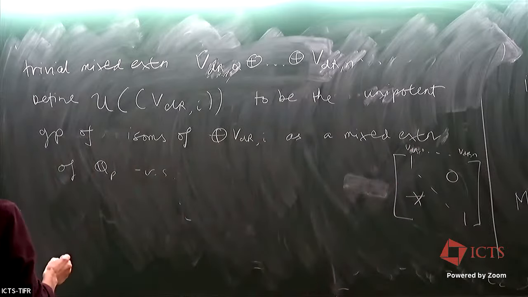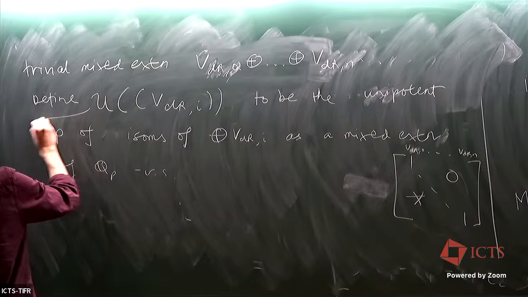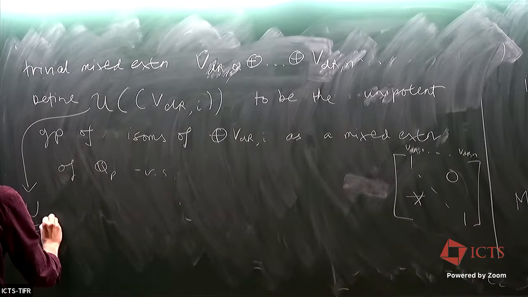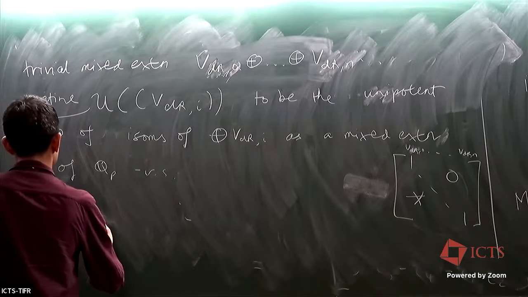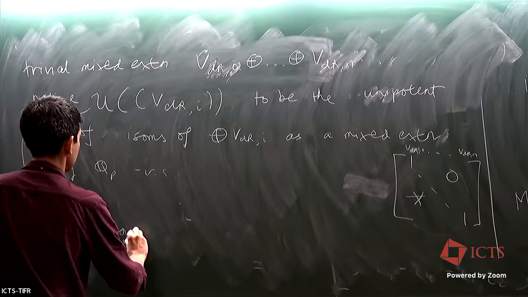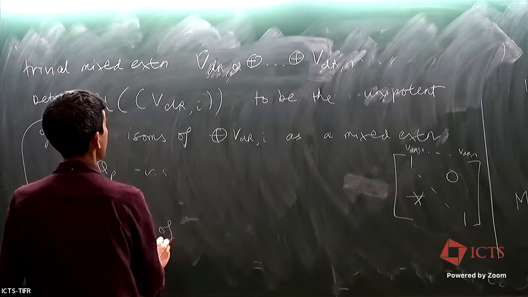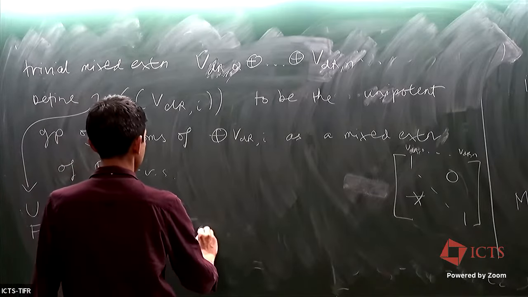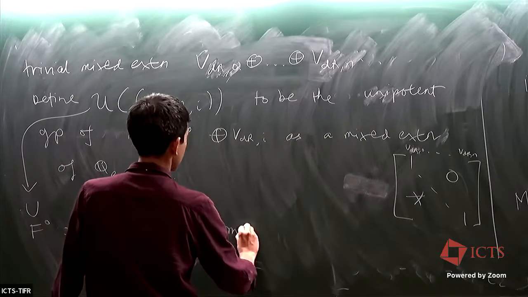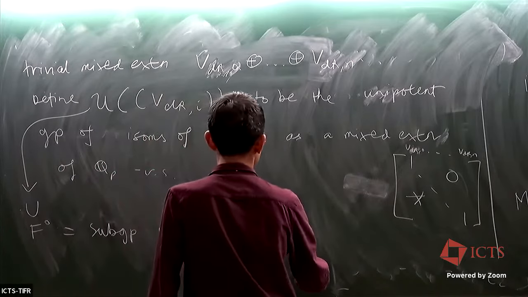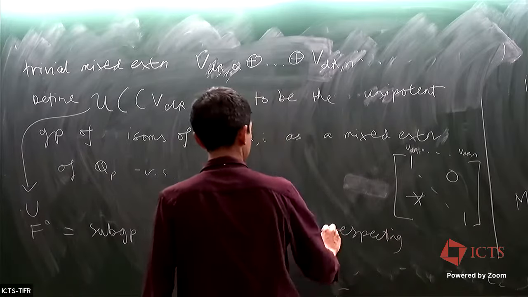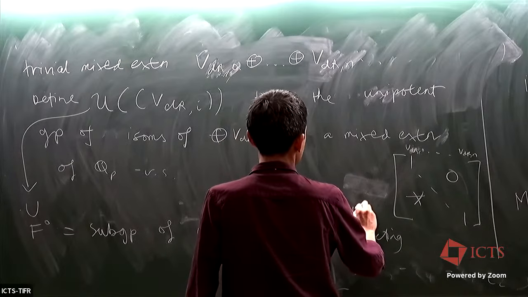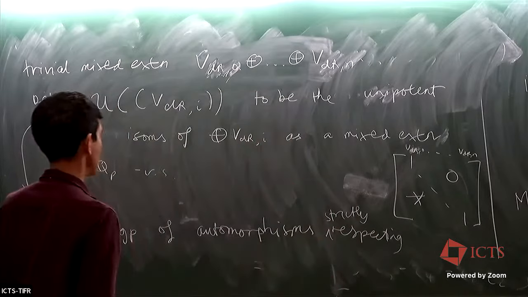Okay, and then inside here, I'm going to define a subgroup F naught to be the unipotent subgroup of automorphisms which respect the Hodge filtration. So strictly respected. They have to send Fi to Fi and so on.